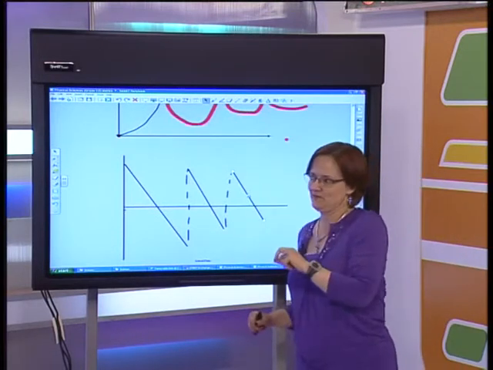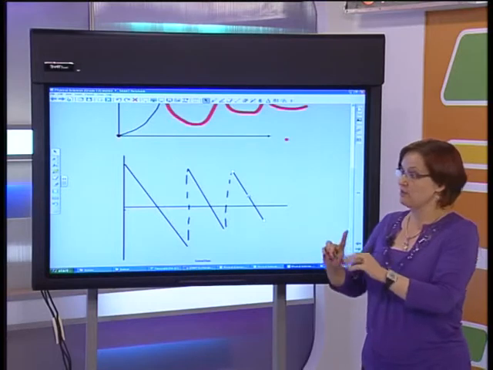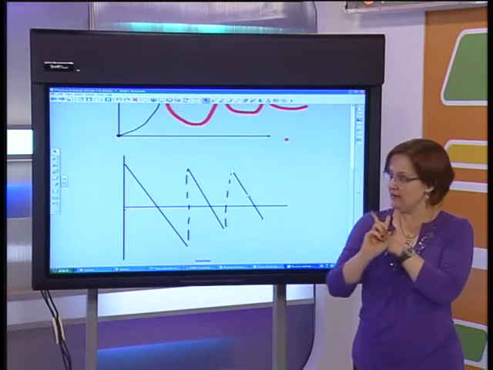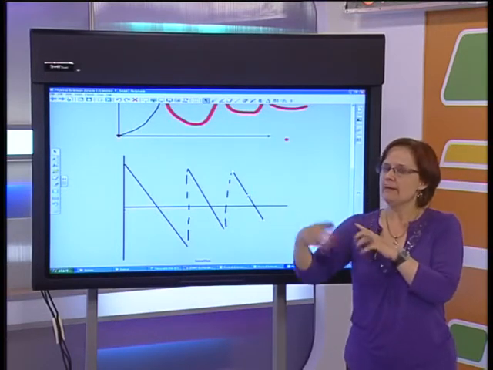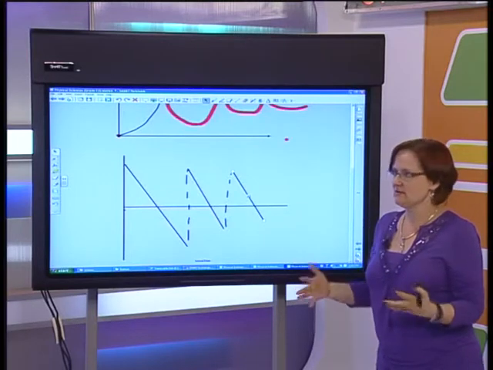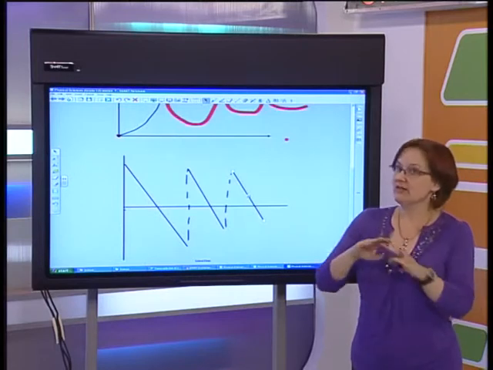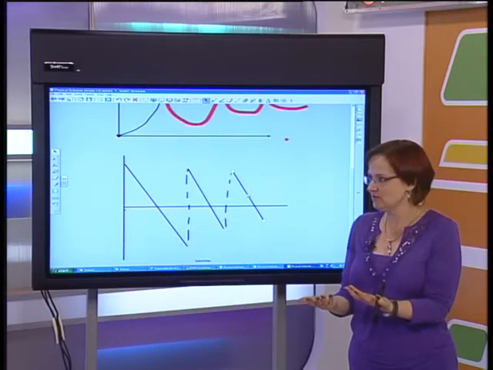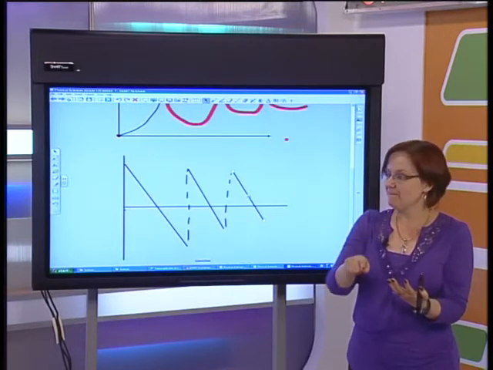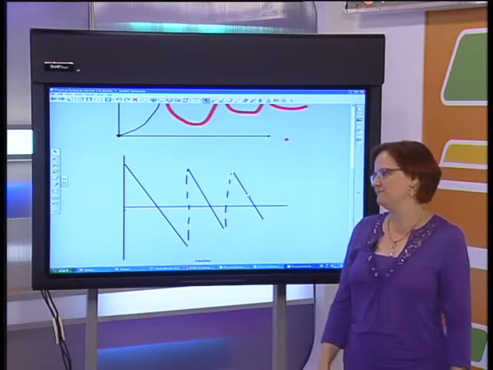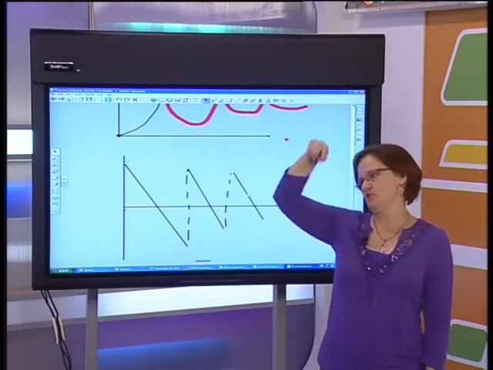Speed is a scalar. So we can have an object, for example, going in a circle, that has constant speed, but in terms of vectors has an acceleration, because the direction is always changing. So the velocity is changing because it's going in a circle, but the actual speed is staying the same. So you can have it, but only when things go in a circle.